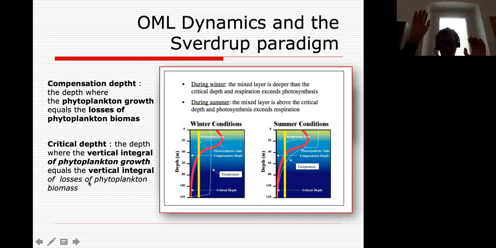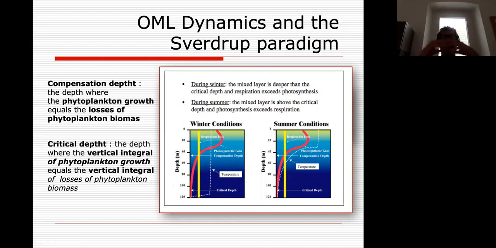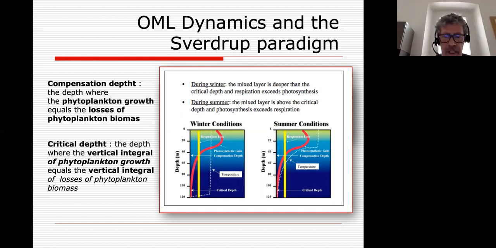So the critical depth guarantees that, on average, the two components, the growth and the loss, are balanced. If you integrate the phytoplankton over this depth, from the surface to the critical depth, the tendency is null. So there are no changes due to natural variability.